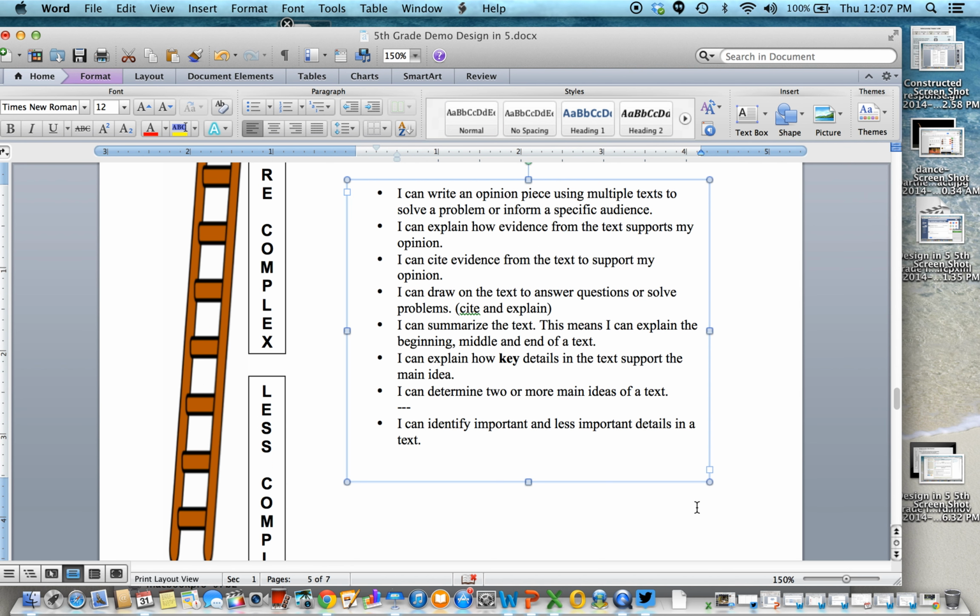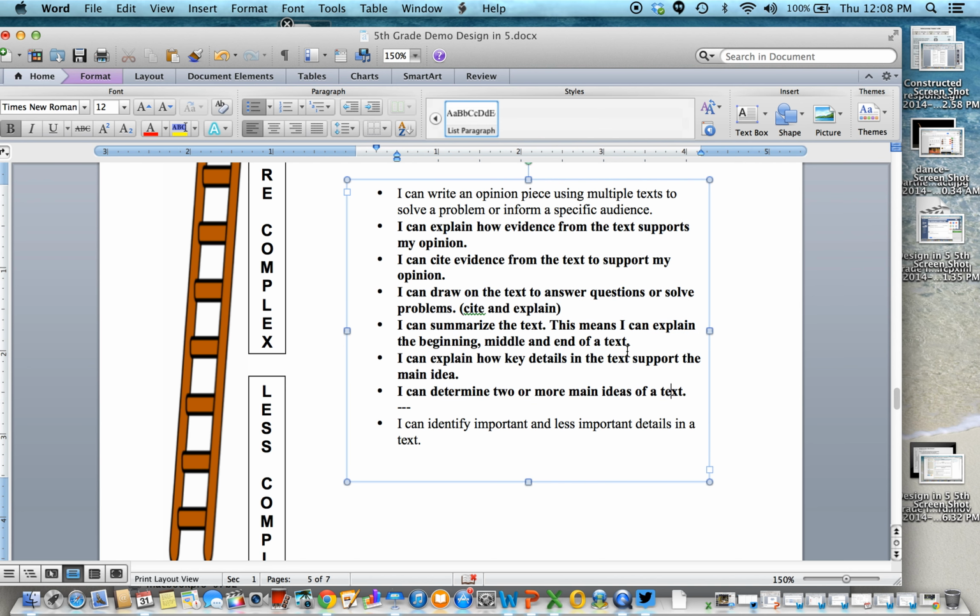All right, so now in order for students to be able to do this, I might think about what are some other things they might need to do prior to being able to achieve these pieces, because these are all of the on standard learning goals. Let's see.